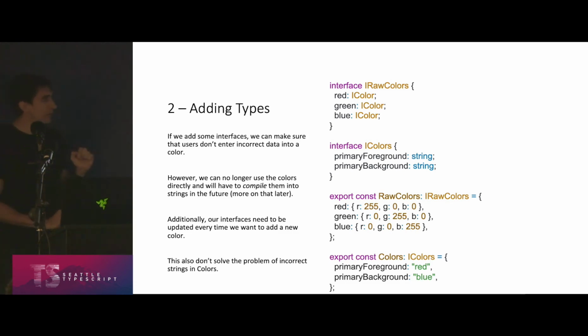The new problems are that if we want to add a new color down here, we're going to have to paste it in two places. So if we wanted to add yellow, we'd have to add it to our interface and to our raw colors. And same thing if we wanted to add a new reference color, we'd have to update this interface and the colors down here. We can't just update one of them. It also doesn't solve the problem of entering an invalid string down here. So we can still enter reference colors that don't actually exist in our raw colors.